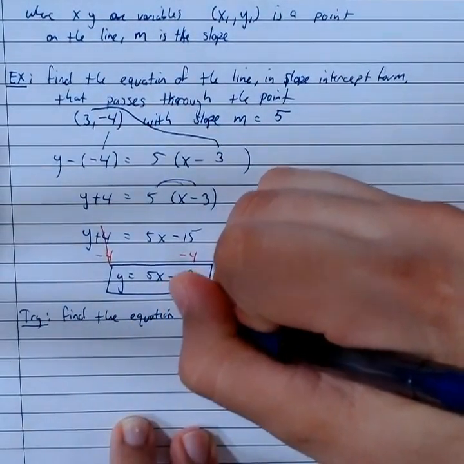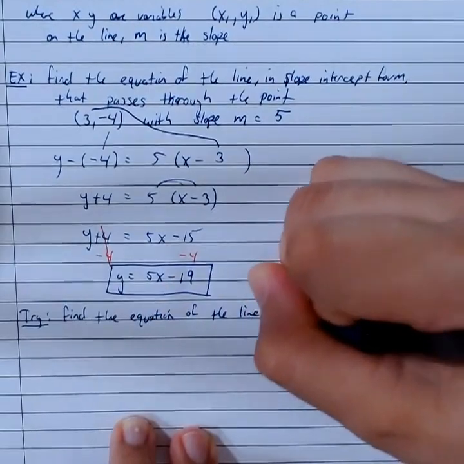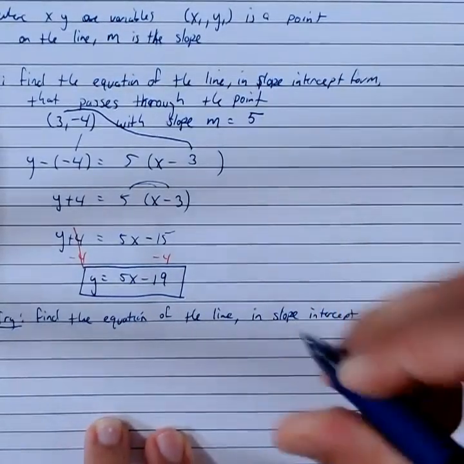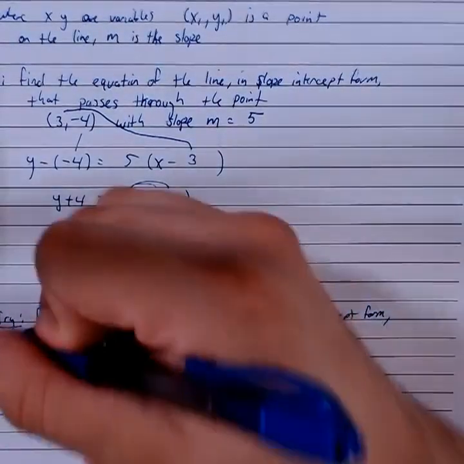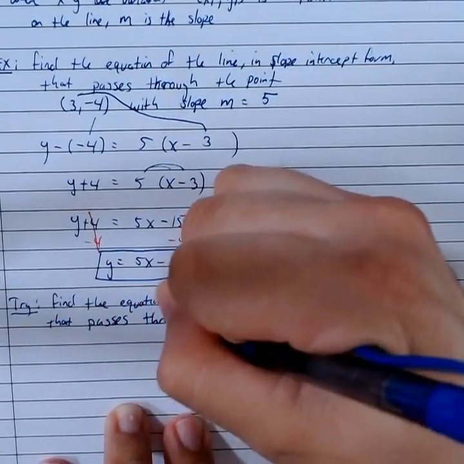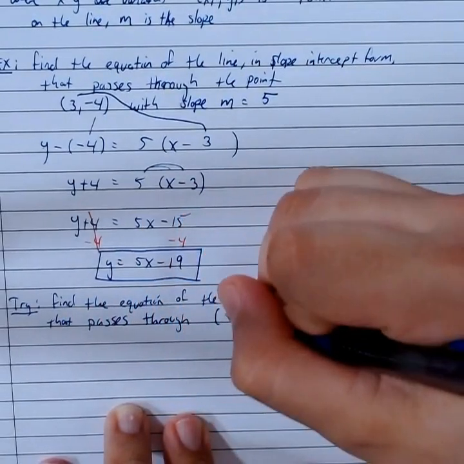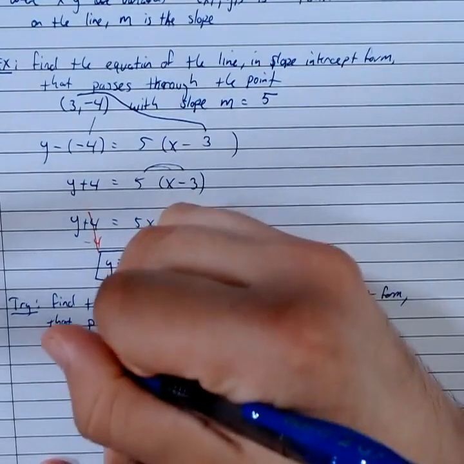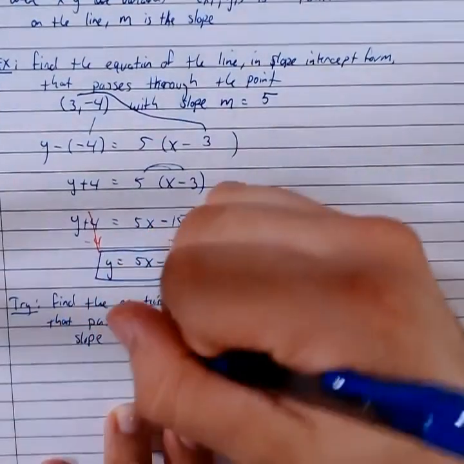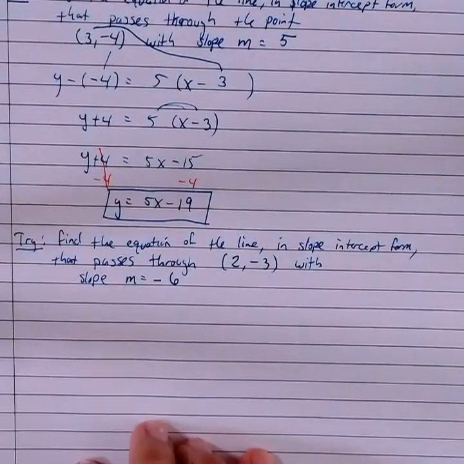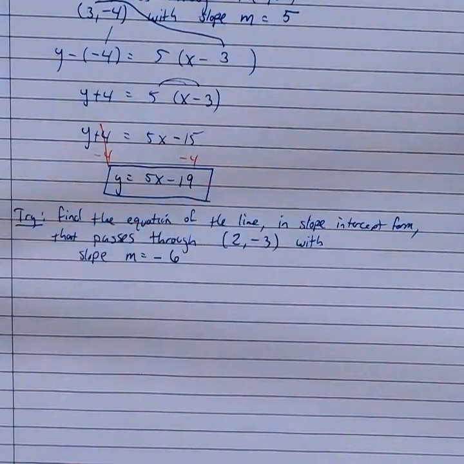Find the equation of the line in slope-intercept form that passes through the point, let's say 2 comma negative 3, with a slope of m equals negative 6. All right. Go ahead and pause the video, give that a try, and once you have your equation, again in slope-intercept form, go ahead and unpause the video and we'll do it together.